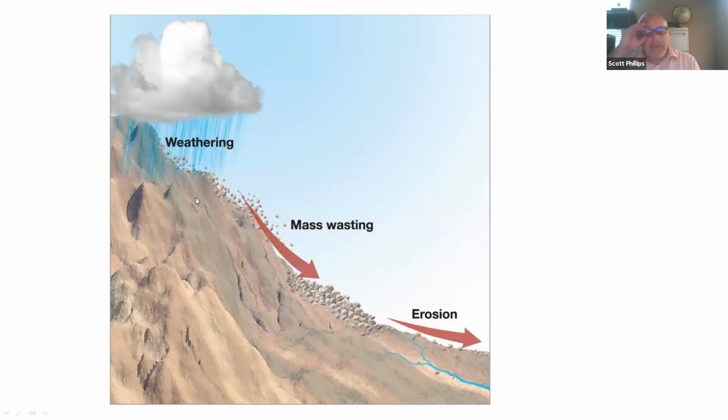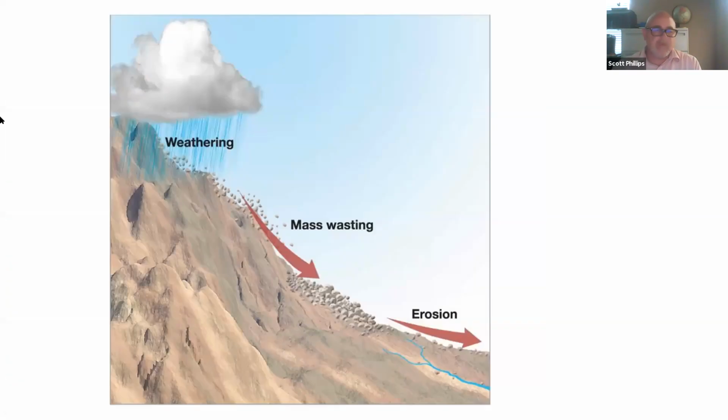Plate tectonics and things like volcanoes and earthquakes are largely responsible for building up the environment, for creating mountains, islands, things of that nature. But I'm just going to show you this graphic. Then what happens over time is through processes like weathering: rain and air will weaken rock.